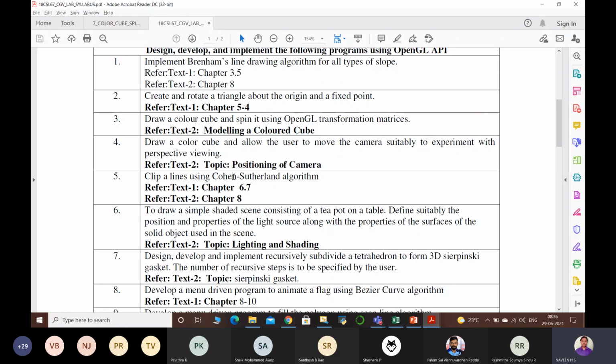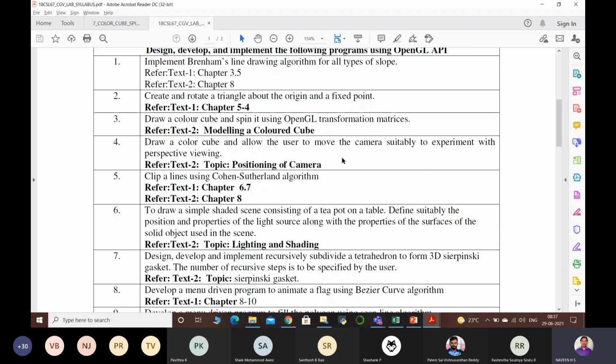Allowing the user to move the camera means moving your camera or eye coordinate system suitably to experiment with perspective viewing. You have to change the position. Suppose there is a tree, and my camera is placed 3 feet away from it initially.